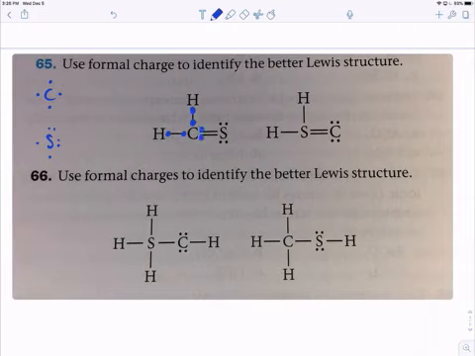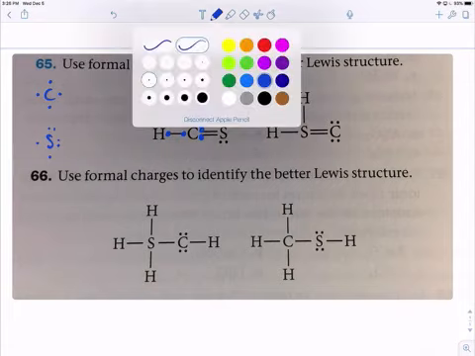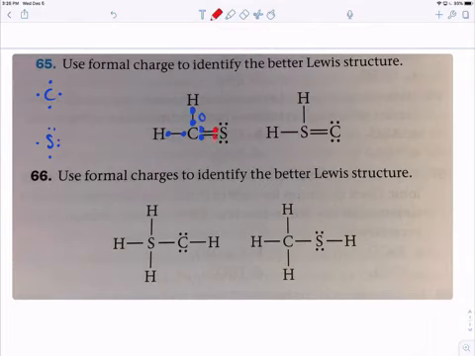When you look at carbon here, it has 4 and it originally has 4, so this is a formal charge of 0. If you look at sulfur, sulfur has 6 electrons. It originally has 6. It has a formal charge of 0.